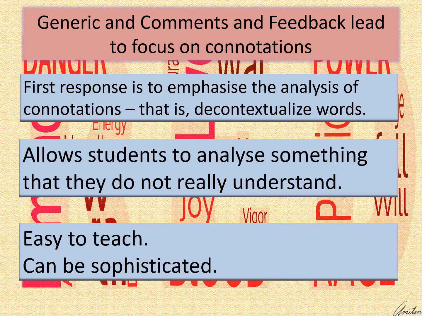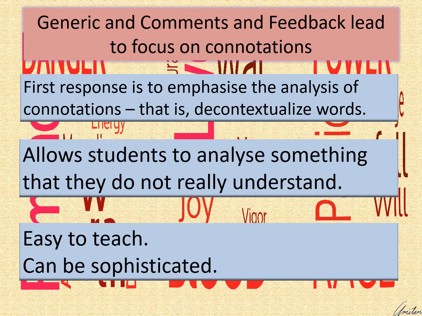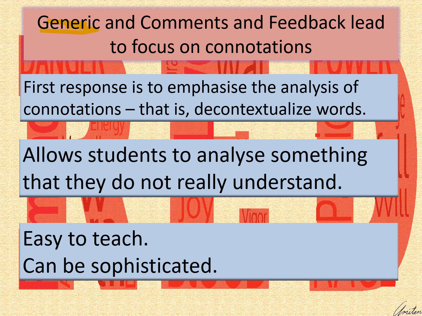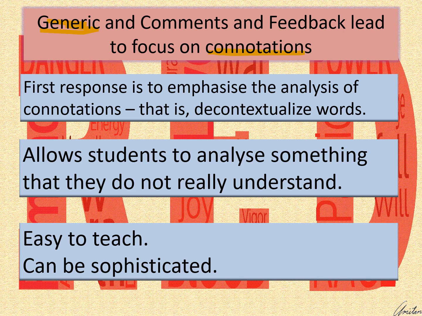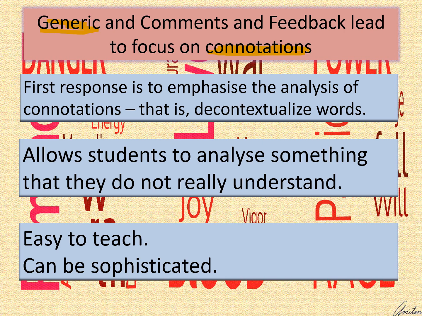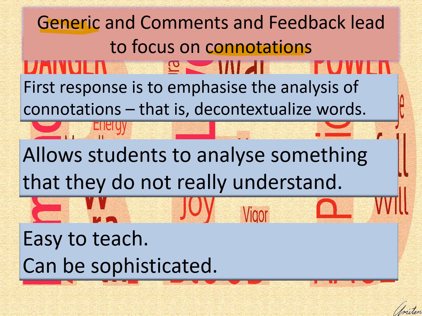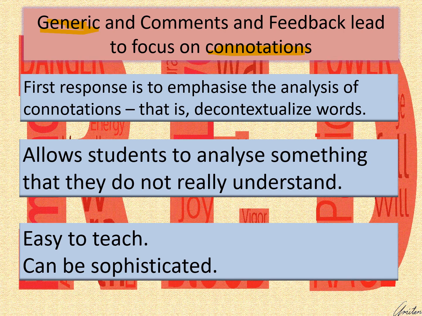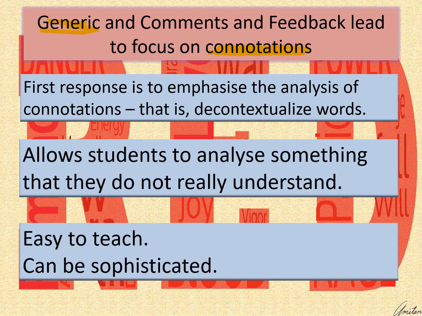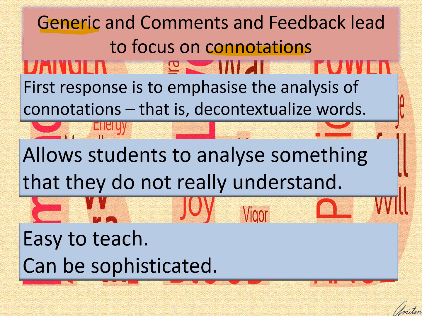The kind of comments that we look to give are often generic, I find. And that kind of focus then leads us to consider connotations. I'm going to talk about connotations later on in this video, but connotations can be understood in the way that they differ from denotations.